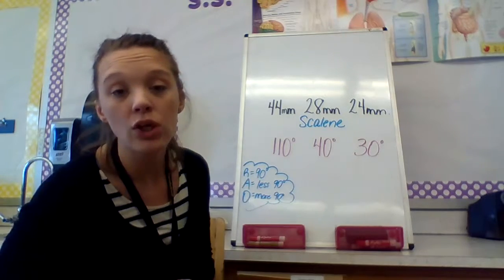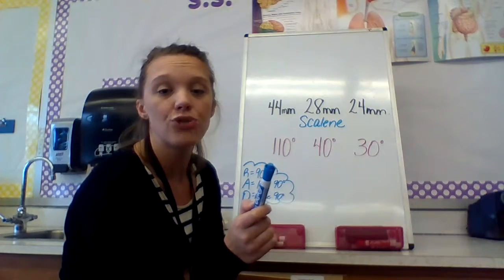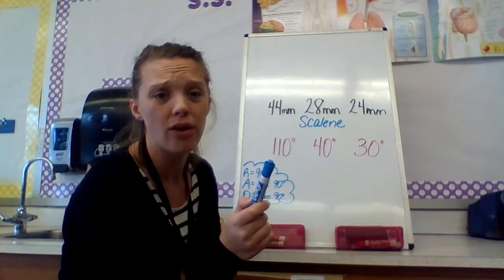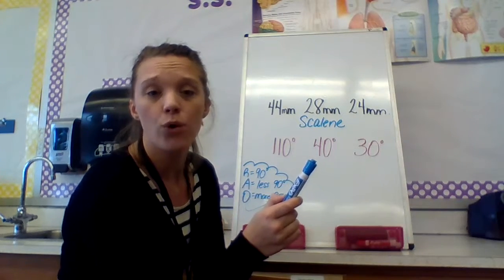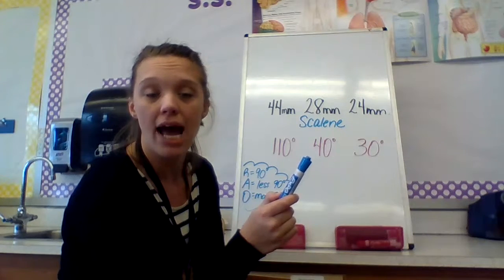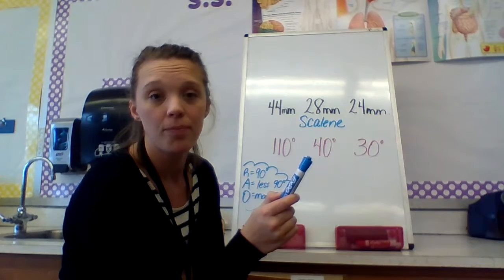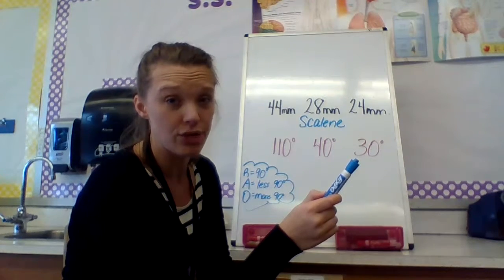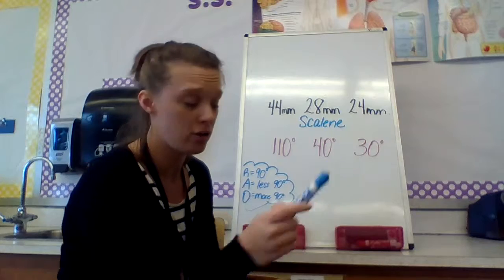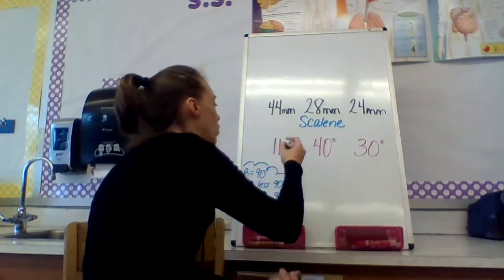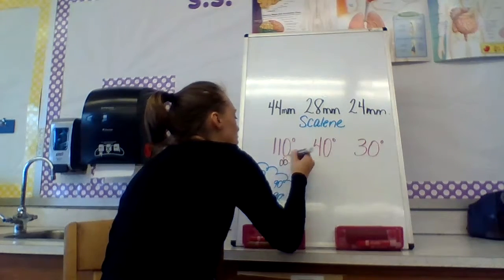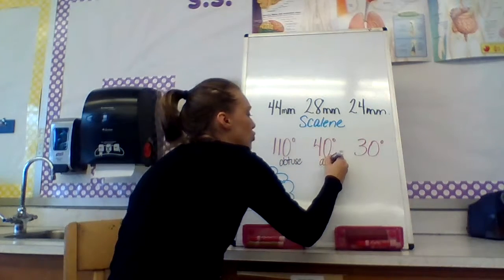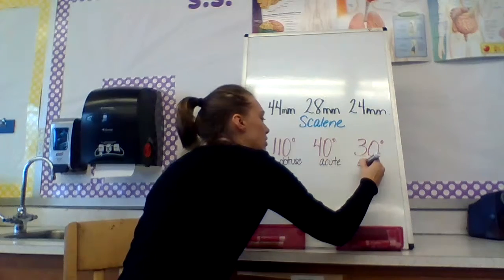So now I can look at these angles. I have 110. That's greater than 90. That's an obtuse angle. Then I have 40. 40 is less than 90. That's an acute angle. Then I have 30 degrees. 30 degrees is less than 90 degrees, so that's an acute angle. So I have one obtuse angle, and I have 2 acute angles.